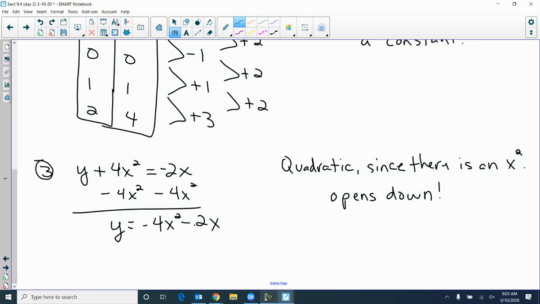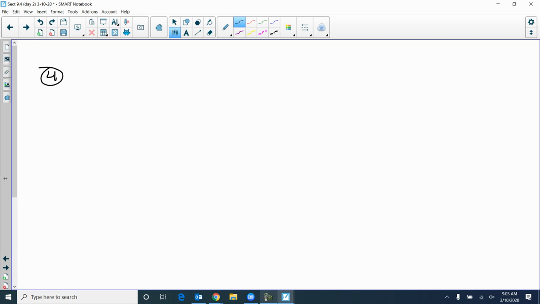Now, it says use a table of values to graph the quadratic function y equals negative 3x squared plus 5. Now you're just gonna have to draw it on there. I would find your points first, and it tells you what to plug in. So you are gonna plug in negative 2, negative 1, 0, 1, and 2.